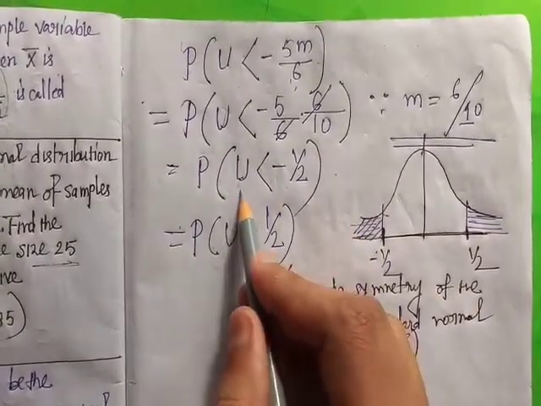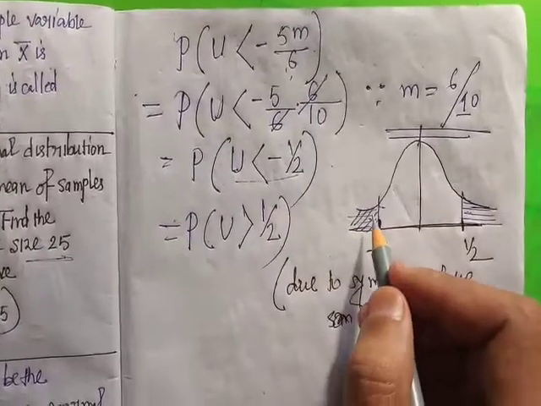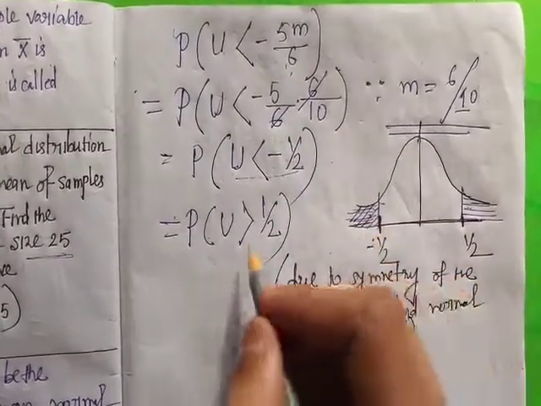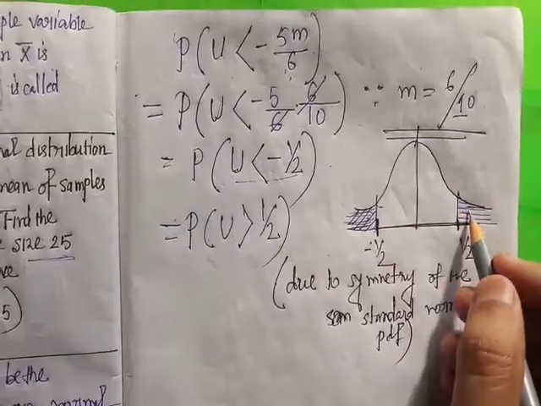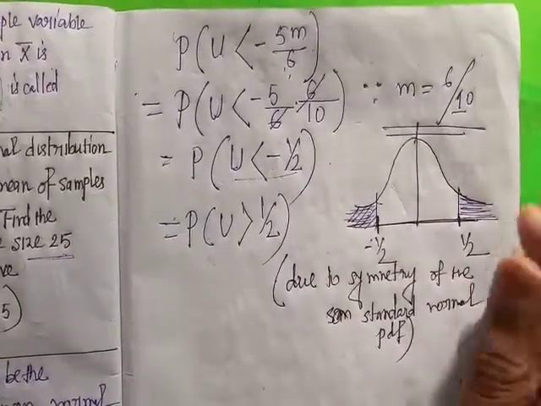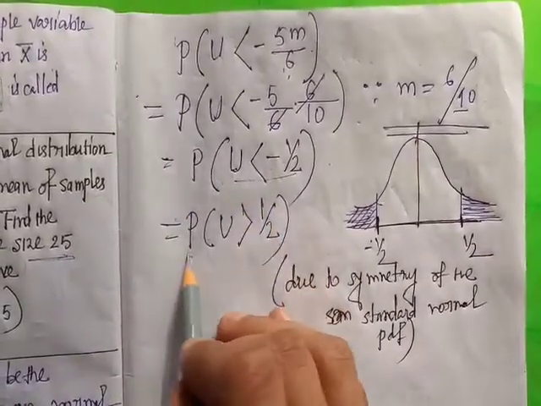U less than minus half is this left part, and U greater than half is this right part.